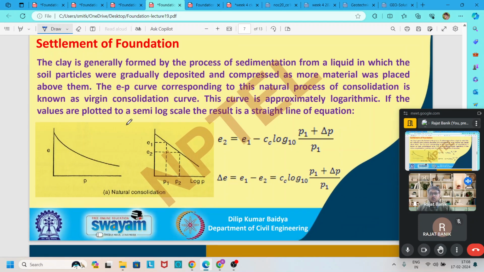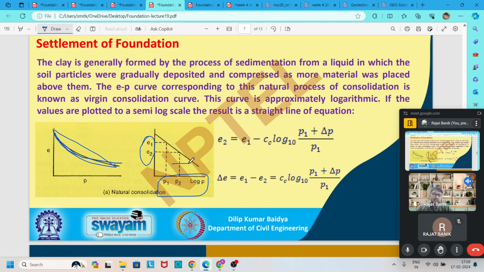Now we know that this e-p curve is non-linear, or we can see that it is not a straight line. So if we convert this into a semi-logarithmic scale, that means e stays the same in normal scale, but we change the pressure to a logarithmic scale, then it becomes a straight line.